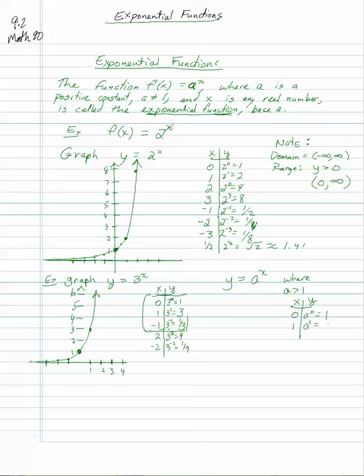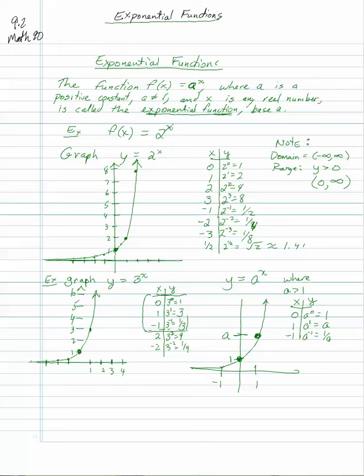Anything to the 1 is itself. Negative 1 is the reciprocal, 1 over a. So we have the points (0, 1), (1, a), and (negative 1, 1 over a), and you're going to have that curve.